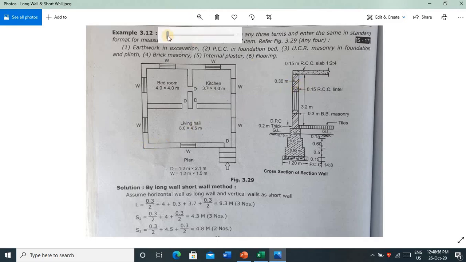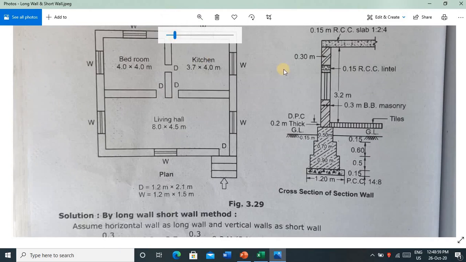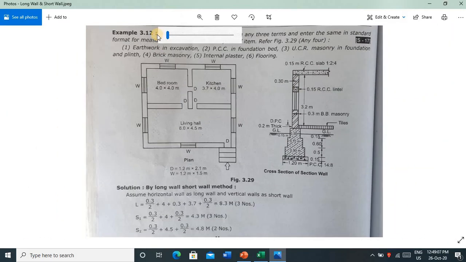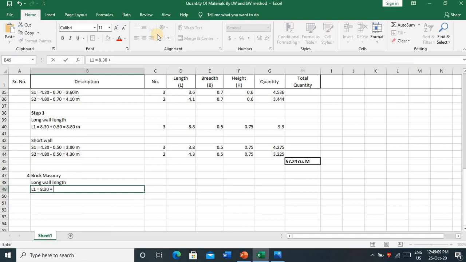See, in cross section it is given width of brickwork is 0.30 meter. So you need to take this while calculating. Answer is 8.60 meter.